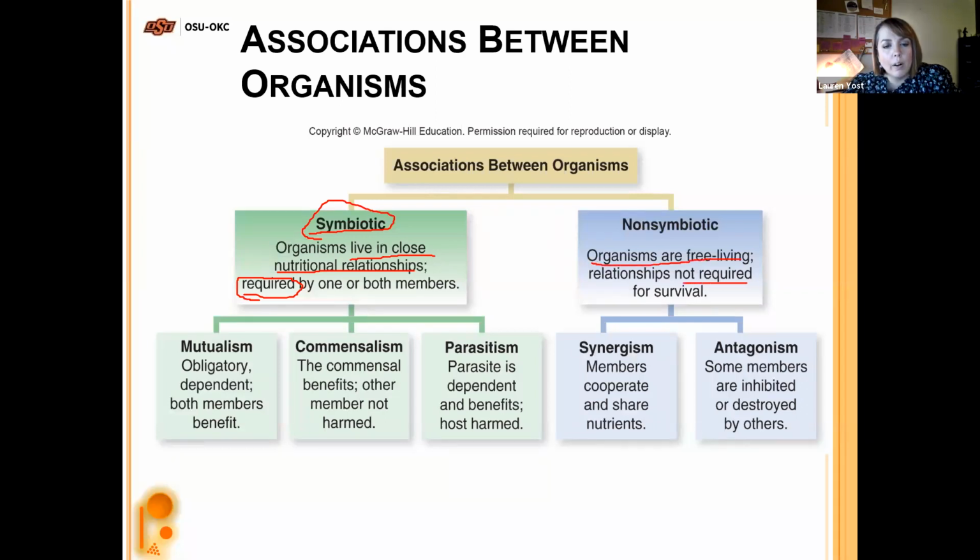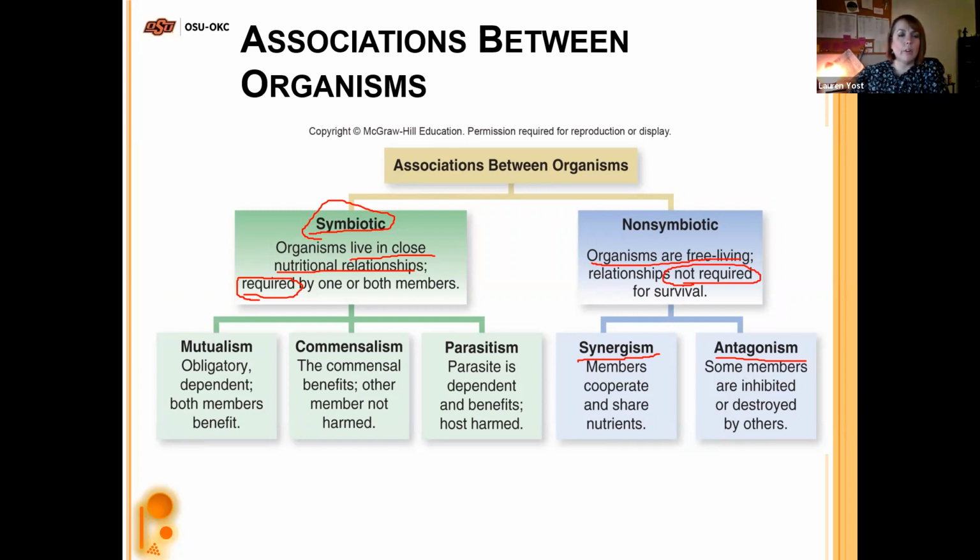It's not required for any of them, but it can still benefit. So we'll start with the non-symbiotic ones. We have synergism, where members will cooperate and share their nutrients, versus antagonism, where members are inhibited or destroyed by others, depending on what their activities might be in that ecosystem.